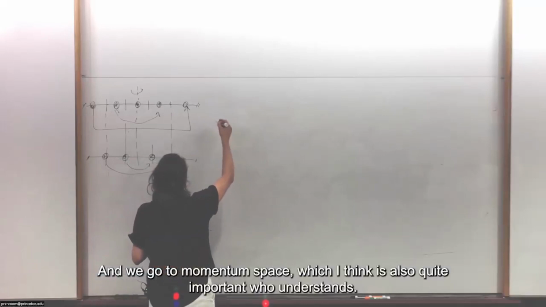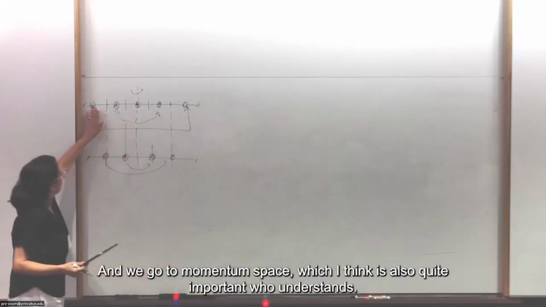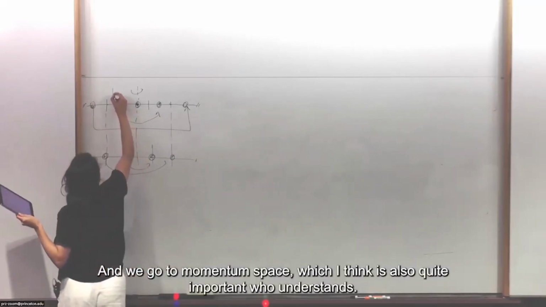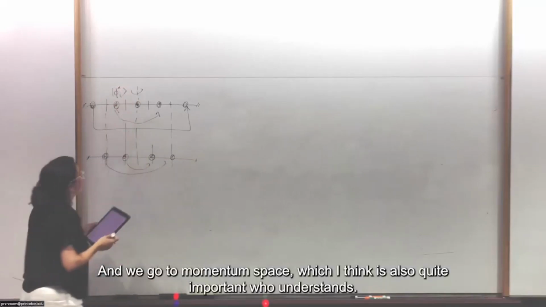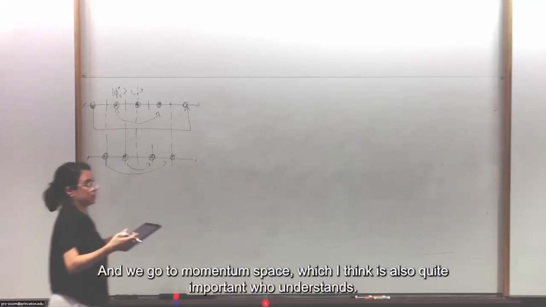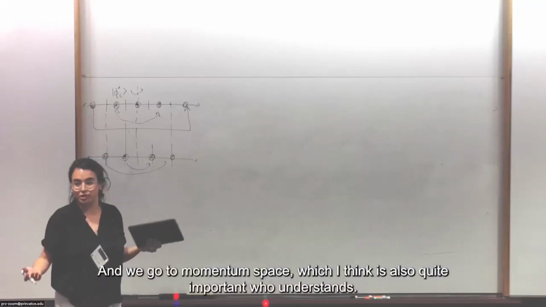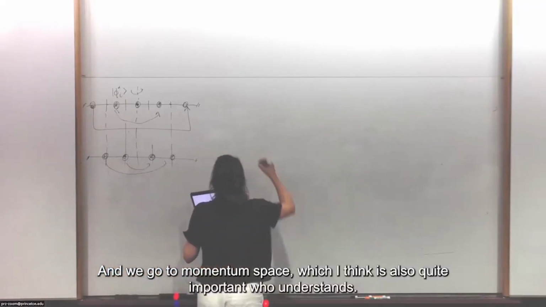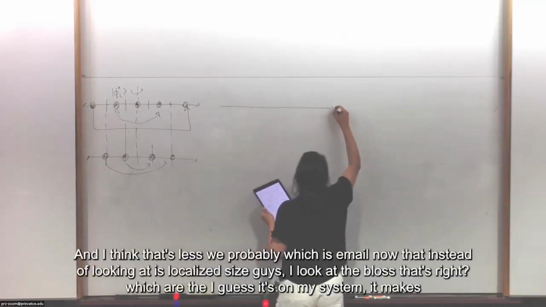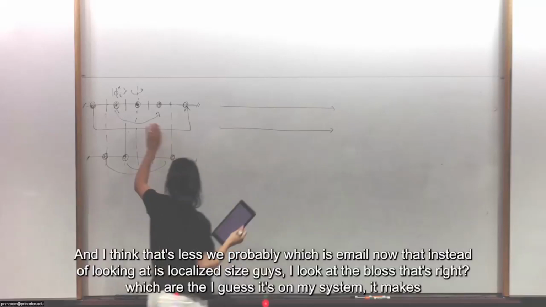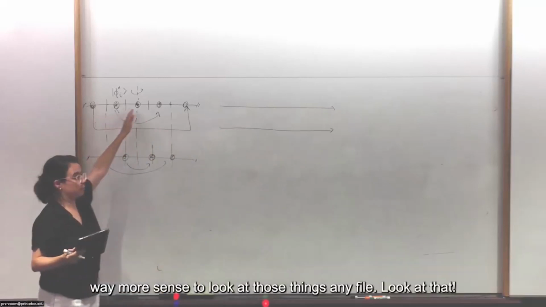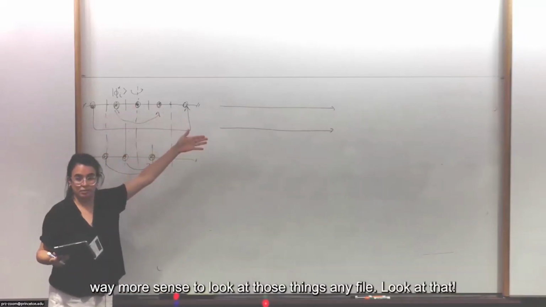Imagine now that instead of looking at these localized site states, which are these phi's, I look at the Bloch states, which are the eigenstates of my system. It makes way more sense to look at those states. How do I construct Bloch states out of this? It's basically a superposition of them, and I'll give them some phases.